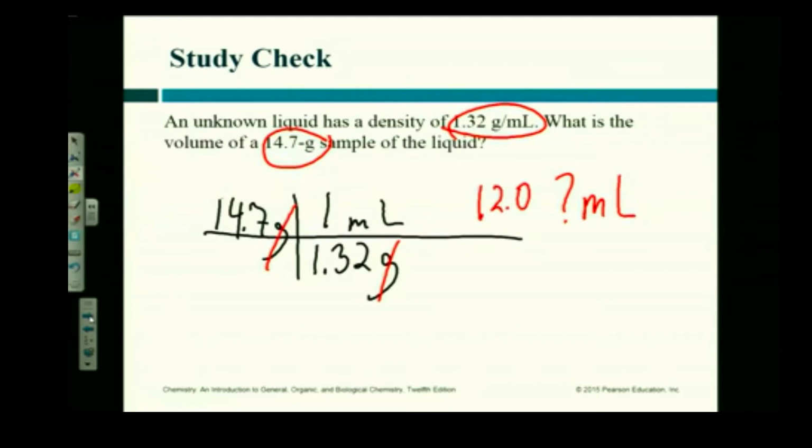12.0? Do what? 11.95? Is that what it is? 11.136? Okay, that's not 12. 11.136. Round that off to 3 sig figs: 11.1. 14.7 divided by 1.32.